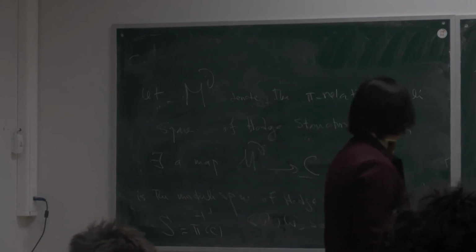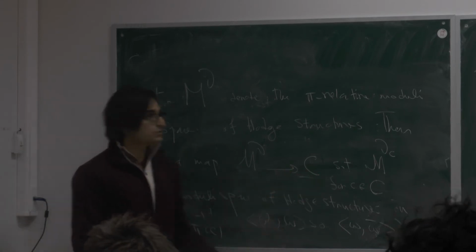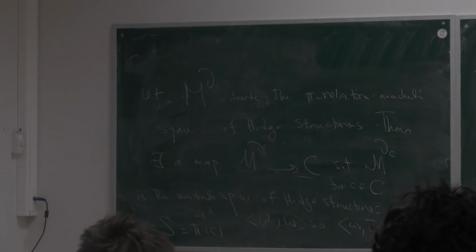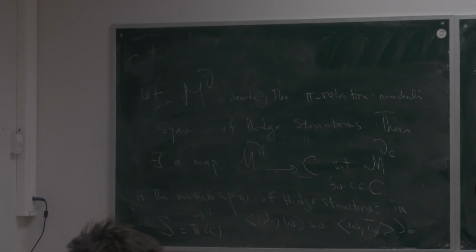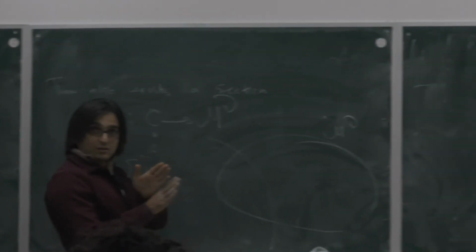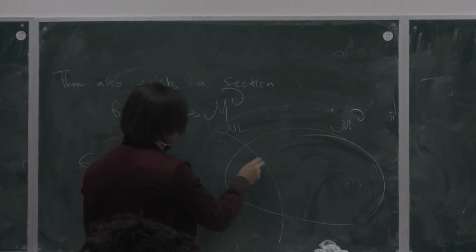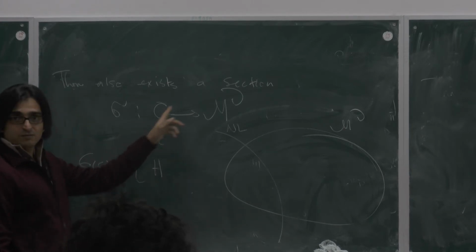Right? Now what am I doing? I'm saying that from this moduli space of Hodge structures, there is a map from C, and there's also a section map from here to here. So maybe I do it this way. This is the pi relative moduli space of Hodge structures. Fix a curve class beta in H2. There's a divisor which parameterizes all such curve classes which are H2 intersected with H1. So this is the nodal Lefschetz divisor. Points in here are (1,1) classes. Now there's also this map from the base curve into here.